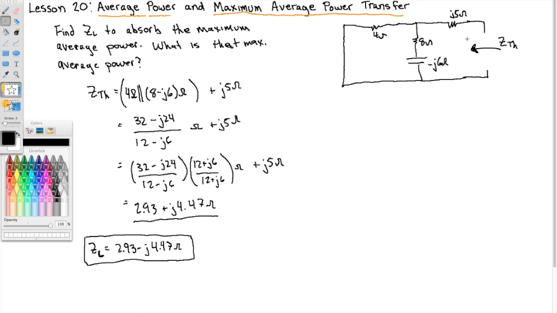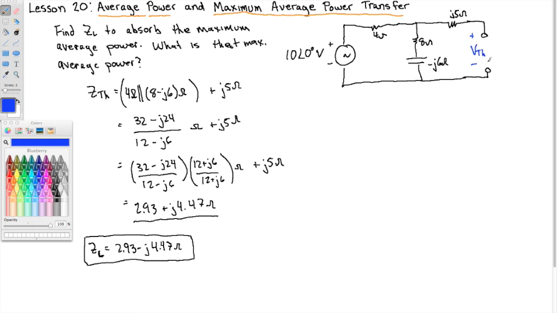Now let's continue. I'm going to keep that load impedance removed, but I'm going to bring back the voltage source. This was 10 angle 0 degrees volts. I'm going to find the open circuit voltage, and that is the Thevenin voltage.